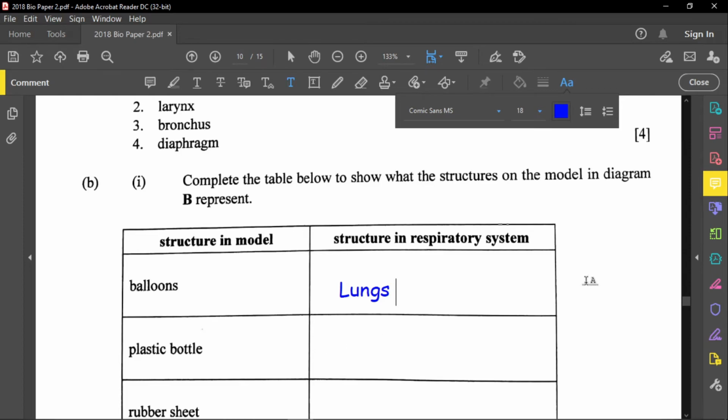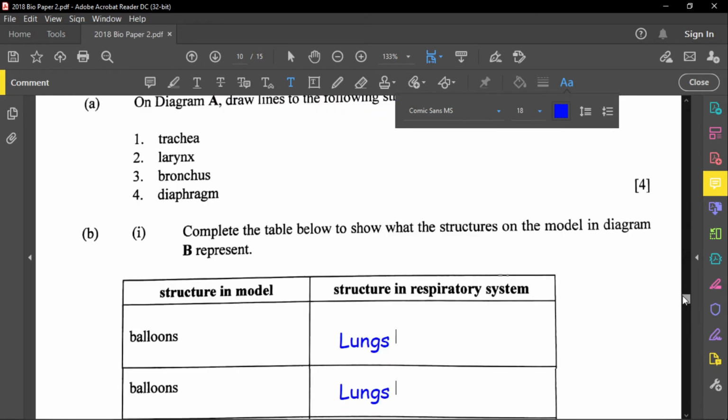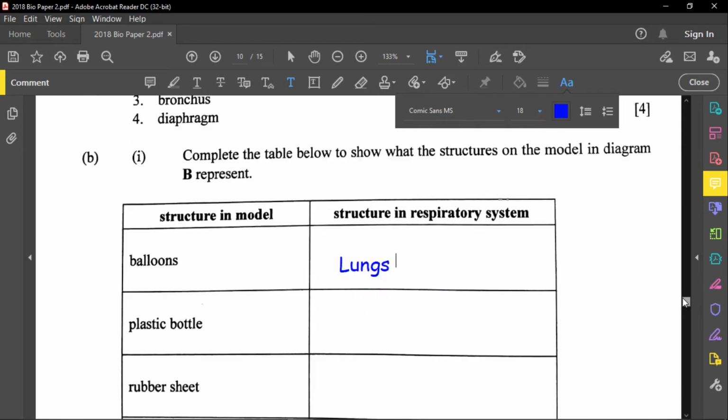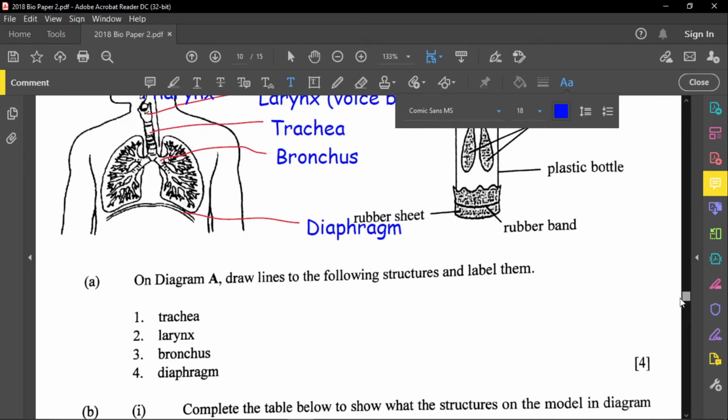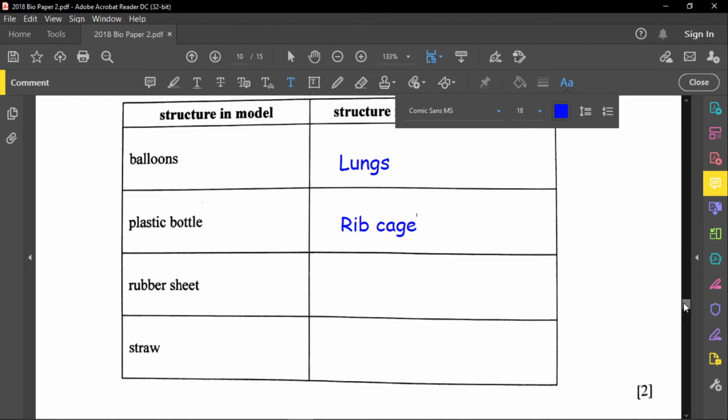The plastic bottle, which is the outermost part, represents the rib cage that everything can be found in. The rubber sheet at the bottom is the diaphragm, so let's put diaphragm on the rubber sheet right here.